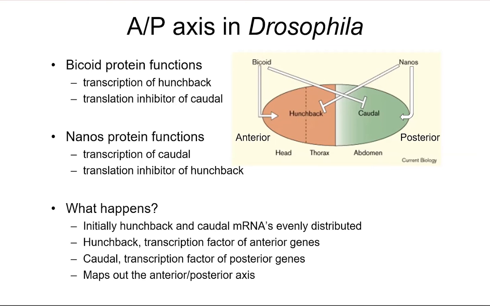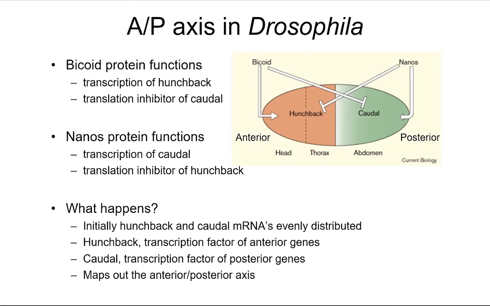Now, initially, hunchback and caudal mRNA are evenly distributed throughout the cell. However, after fertilization, bicoid mRNA moves completely to the anterior end of the newly formed zygote, and bicoid and nanos mRNA are translated into proteins.